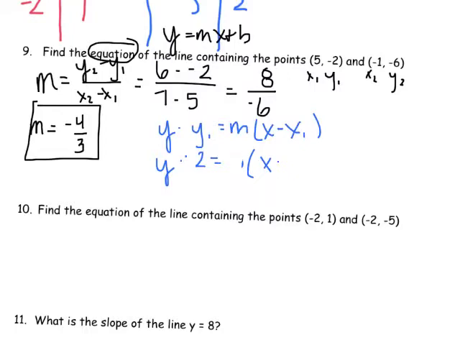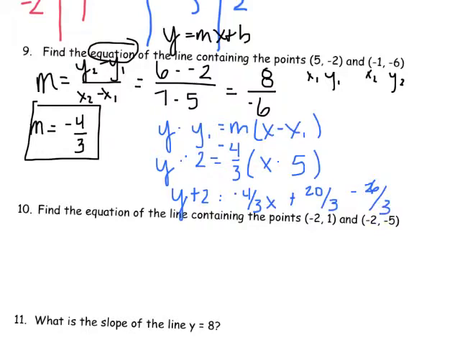M is negative 4/3. It's the x1 that's 5. So y plus 2 equals negative 4/3 x plus 20/3. And then we'll subtract 2, with a common denominator, 6 over 3, to make 14. So y equals negative 4/3 x plus 14/3.